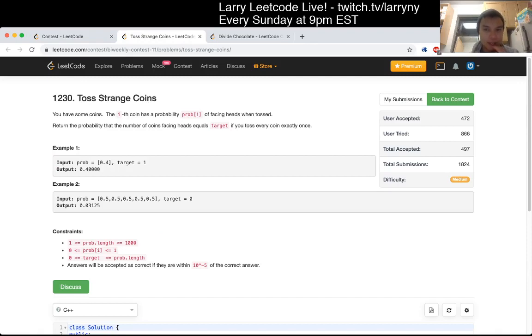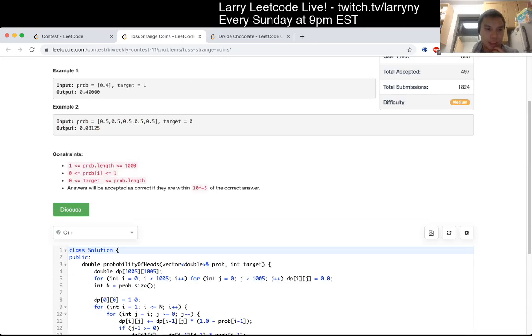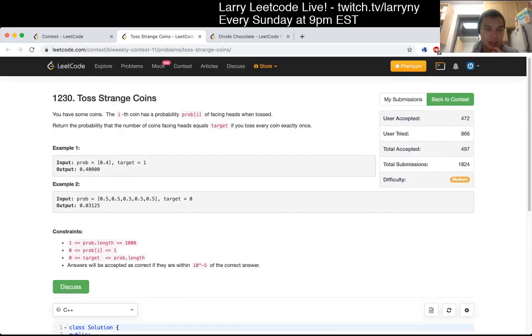You could have done it bottom up or top down. I did this bottom up because the actual coding and understanding is a variation of the coin change or coin counting problems, where you try to count the number of possibilities in reaching a certain sum or something like that.